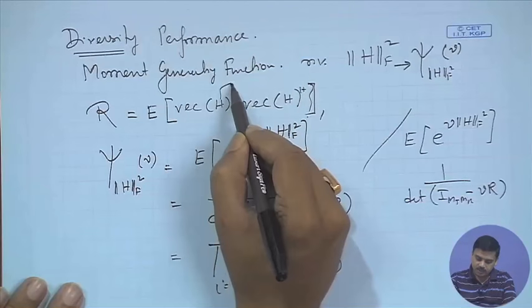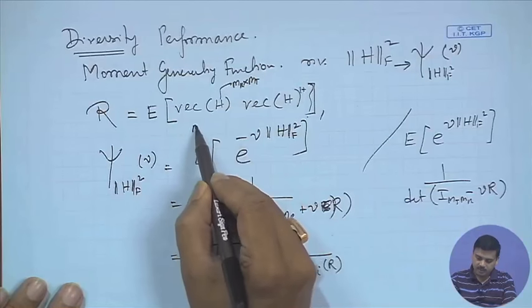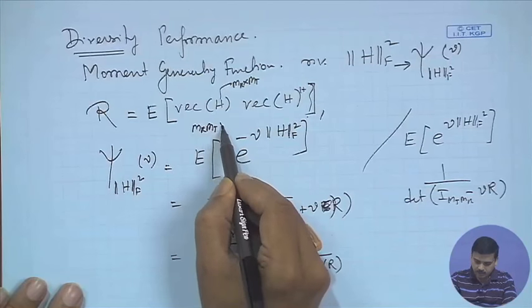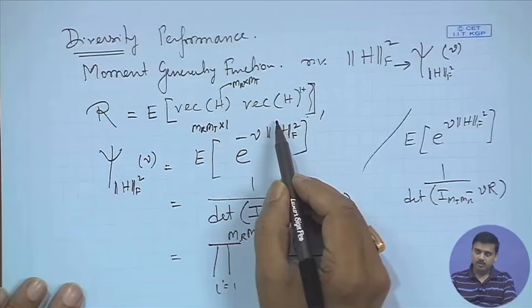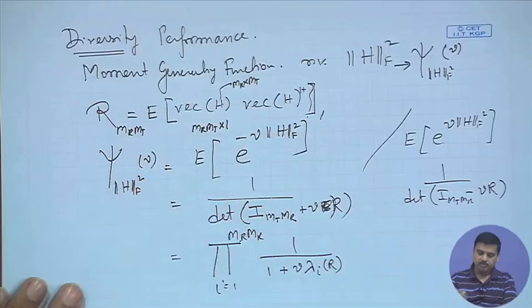Vec means H is Mr cross Mt, so vec of H is Mr Mt cross 1, and this is 1 cross Mr Mt. So this is basically of the size Mr Mt.